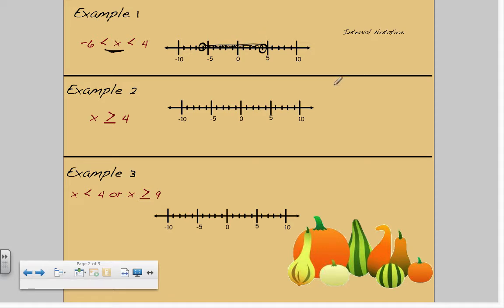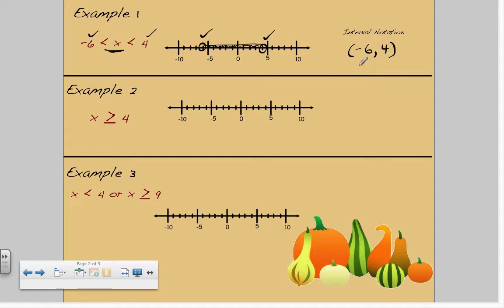But if you were in calculus, you'd write it as such. Since there are two open circles, because we cannot pick our boundaries, we use parentheses. And then we tell ourselves that it runs from -6 to 4, what we would say exclusively.